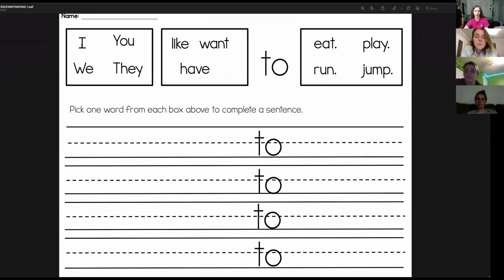So I can take the word I and then I could say want to jump. So then I'm gonna take my colored pencils and I'm going to underline the first word, the uppercase letter, and then the period.